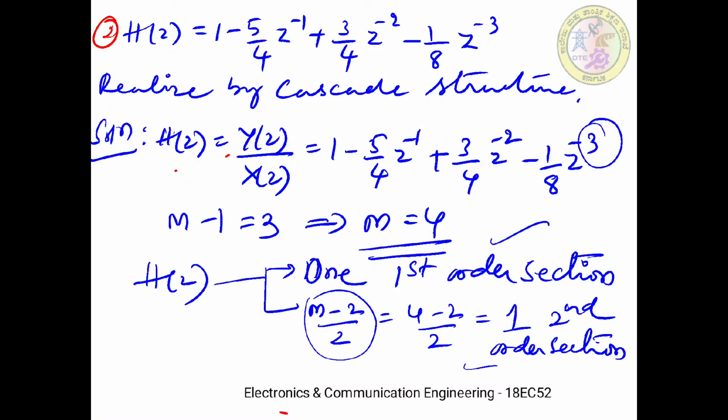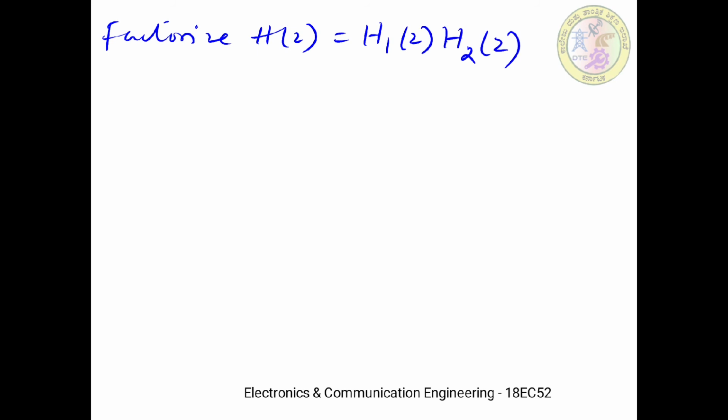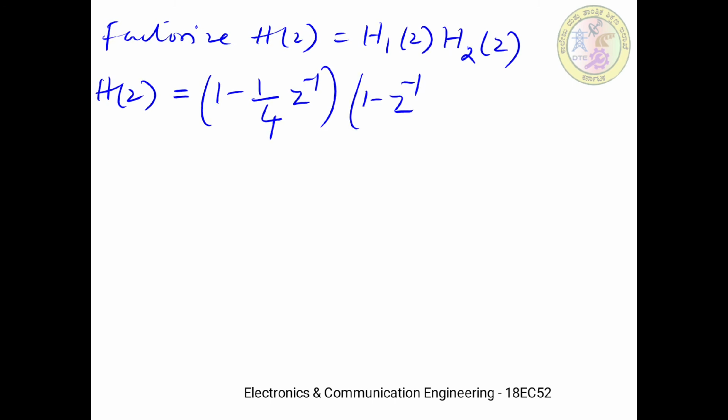Now we need to factorize h of z into h1 of z into h2 of z. For the given problem, the factors of h of z will be 1 minus 1 by 4 z inverse into 1 minus z inverse plus 1 by 2 z raised to minus 2.